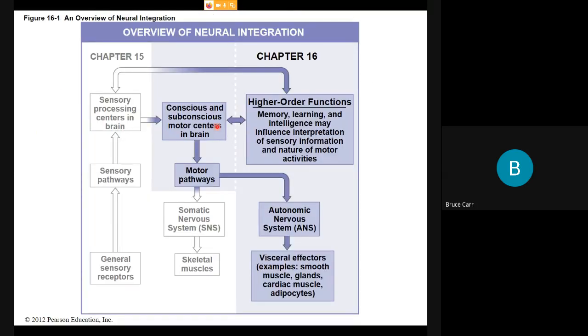Let's take a look at the anatomy. We're going to include part of this from chapter 15, but mainly as it affects conscious and subconscious motor centers in the brain and the information processing, the generation of the signal, and the initial entry into the motor pathways. But you can notice that the signals being diverted off include those with messages to the autonomic nervous system and their effectors, and those that include the higher order functions.